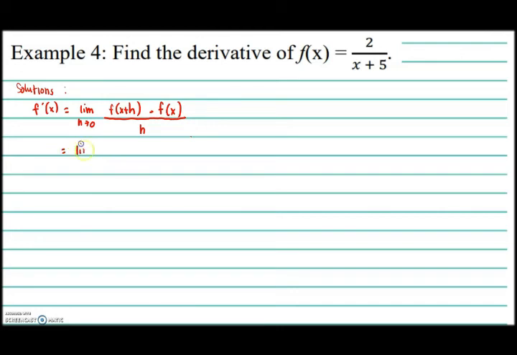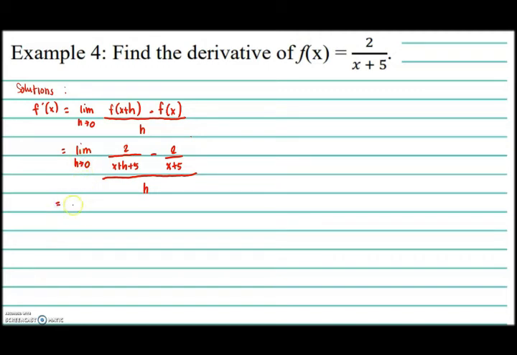So we have the limit of 2 over (x + h + 5) minus 2 over (x + 5), all over h as h approaches 0.